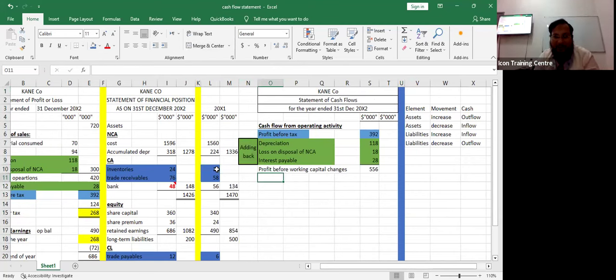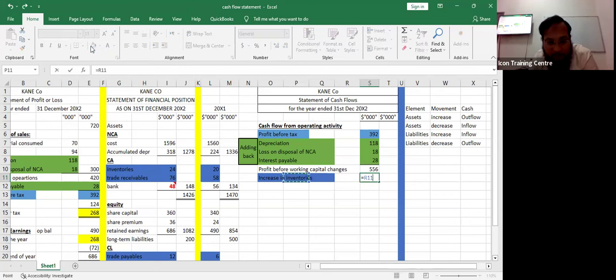So we'll subtract here: increase in inventories. And the amount is, take the difference. 24 minus 20. Or make it like this, sorry: 20 minus 24, so that your answer should come in negative.